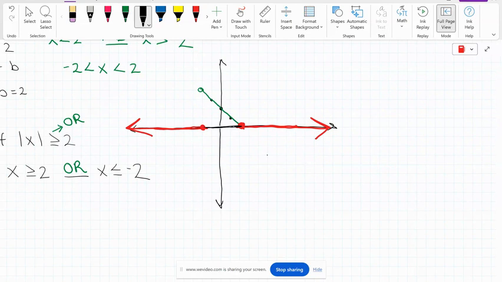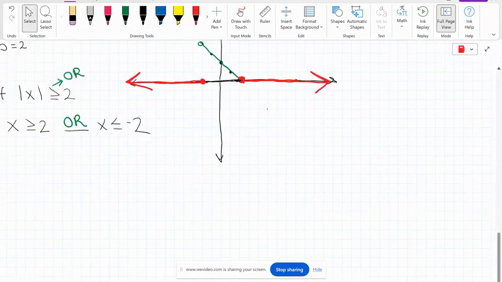I have 2 for you to try. Are you ready? 2 for you to try.